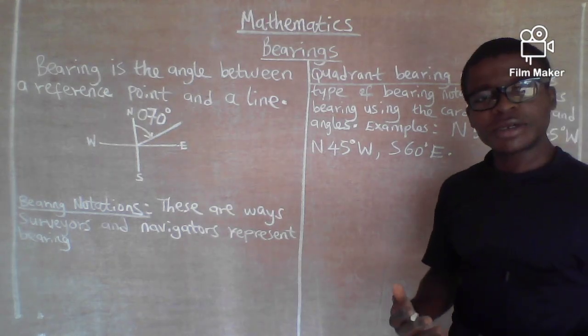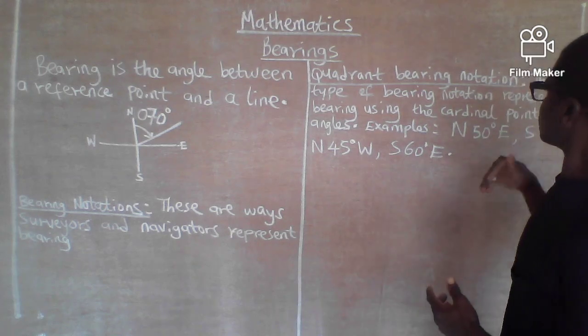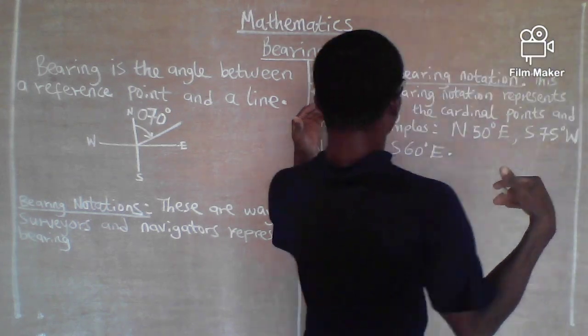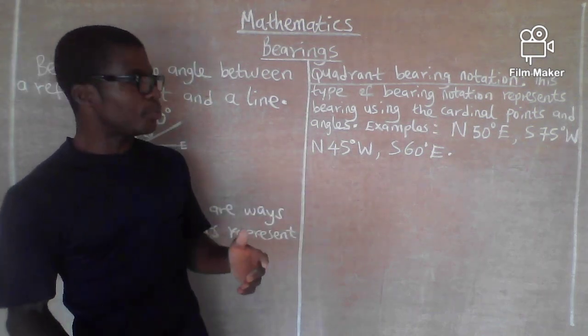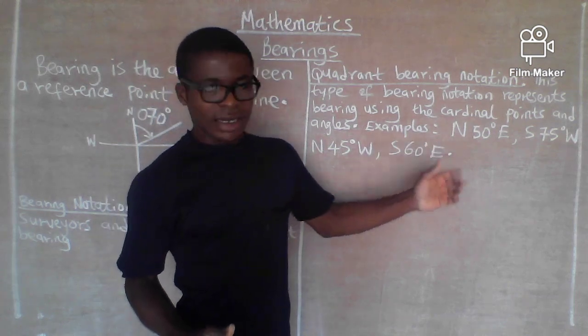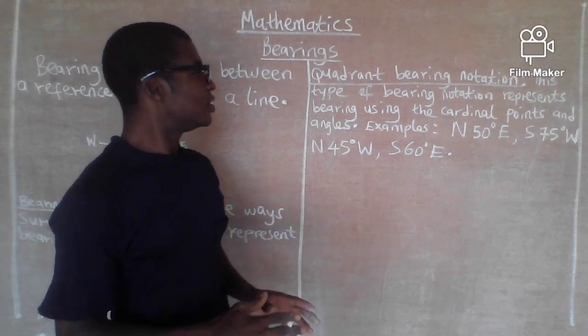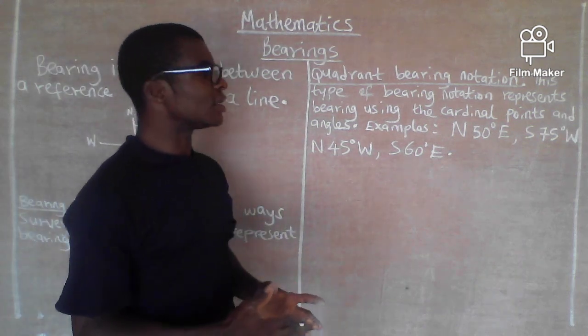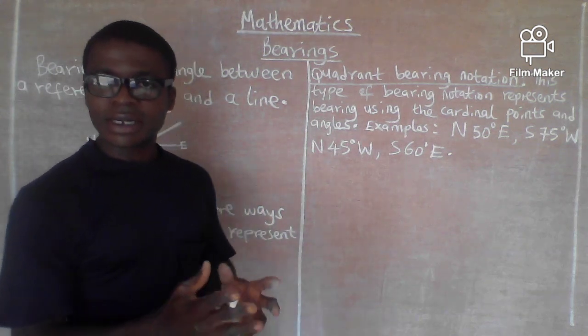Now, the quadrant bearing notation is a type of bearing notation where bearing is represented using the cardinal points and angles. This is a type of bearing notation that represents bearing using cardinal points and an angle.